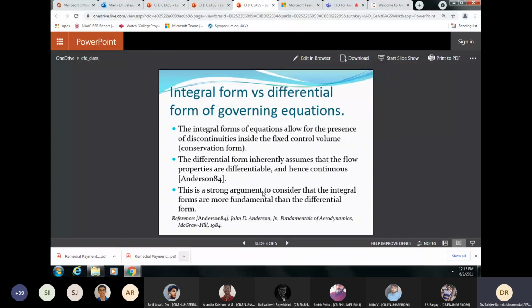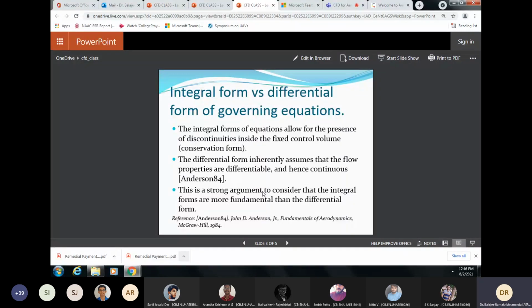Actually, it's an advantage. If you use the integral form of equations, they don't assume that the function you are integrating is actually differentiable. It should be continuous, okay, but you can have sudden jumps or even discontinuities. For example, there are shocks.